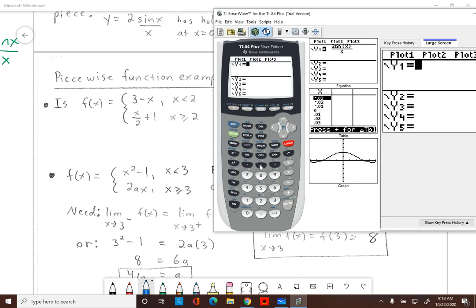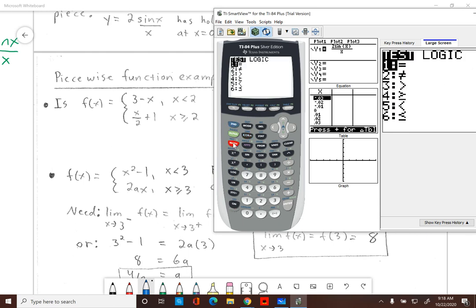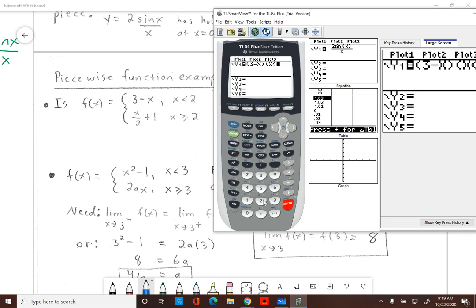So let's see. Let's do, in parentheses, 3 minus x. And then we're going to do x. So we just did that all without a calculator. But if you want to actually see it, 1, 2, x less than 2. So again, that was the second math button, which is test.